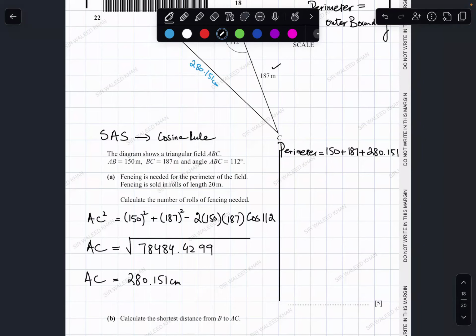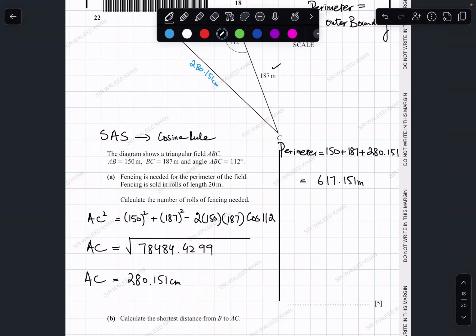Okay. So the answer will be 617.15 meters. This is the perimeter, the outer boundary.